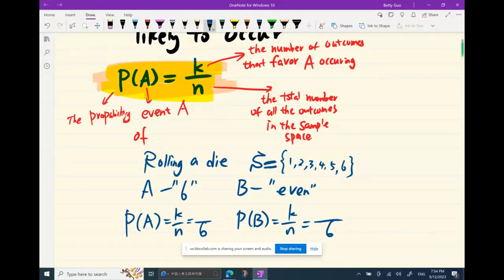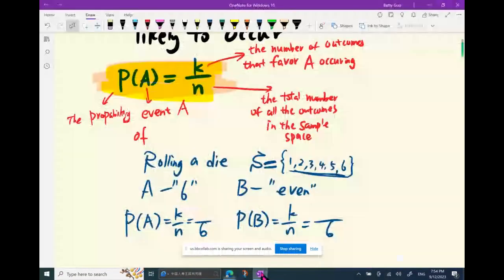Same thing for B, because they belong to the same procedure. The denominator for both of them is 6. And among the 6 outcomes, 1, 2, 3, 4, 5, 6, how many of them favor A occurring? A here is getting number 6.